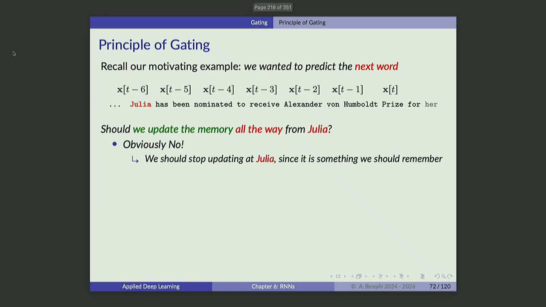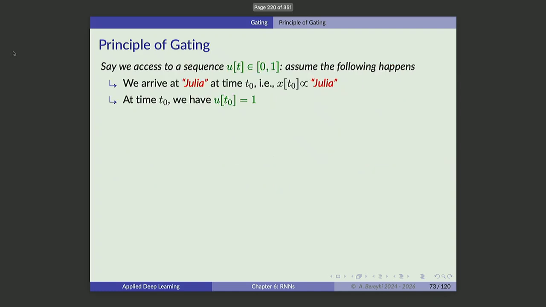Obviously, you cannot find out that this is Yulia if that happened long before. Let's now consider one other experiment. In this experiment, at every single time, I'm going to define one new variable. I call it UT, and this UT is either 1 or 0.